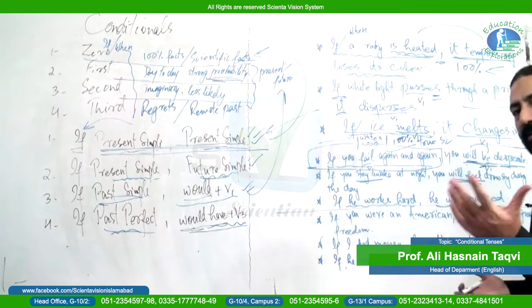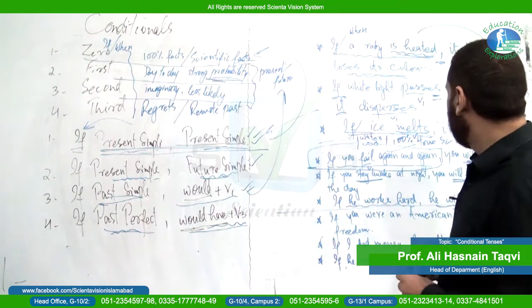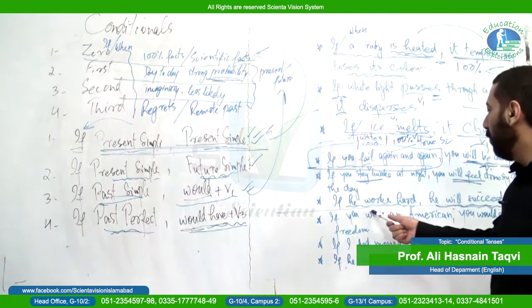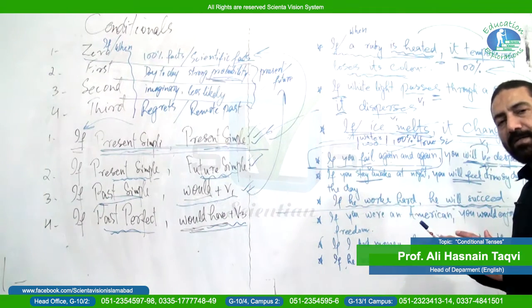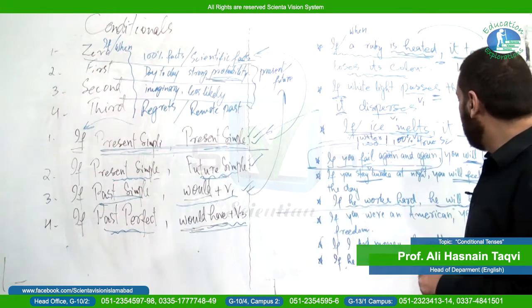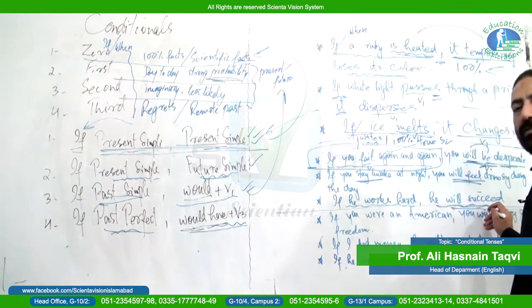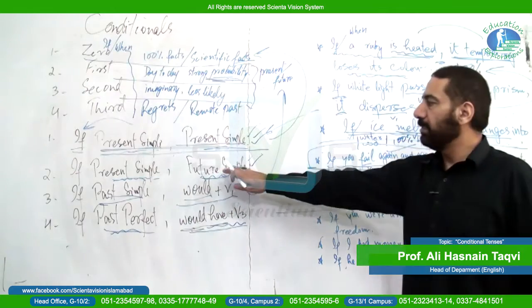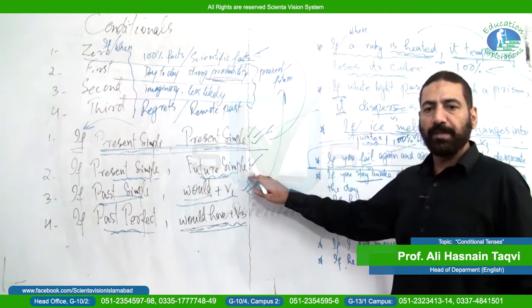So those things coming into act, that may not always be the case. So if there is strong probability but not 100% reality, we have only one choice. What is that? Future simple with will, V1. This is using present simple, future simple.